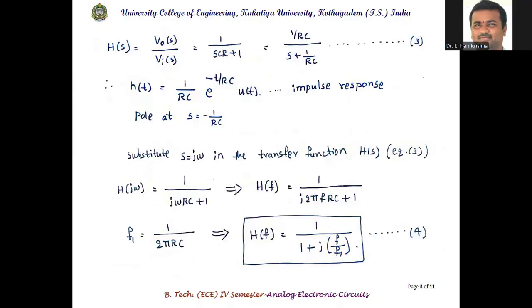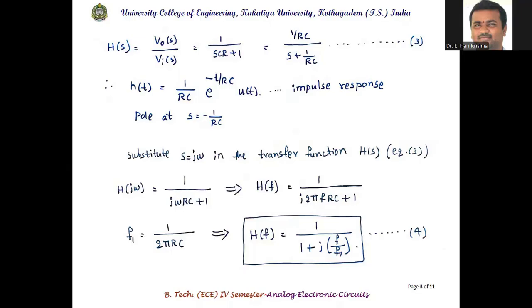So here pole is at s is equal to minus 1 by RC. If you apply inverse Laplace transform to the transfer function, it gives the impulse response of the system. The analysis is not shown here, but h of t is equal to 1 by RC e power minus t by RC u of t. U of t is unit step function.